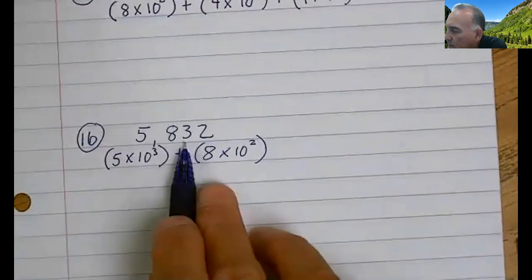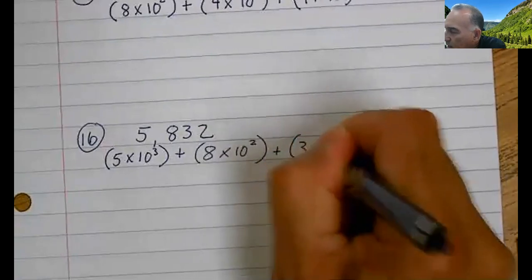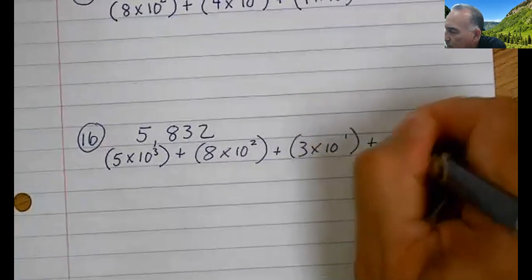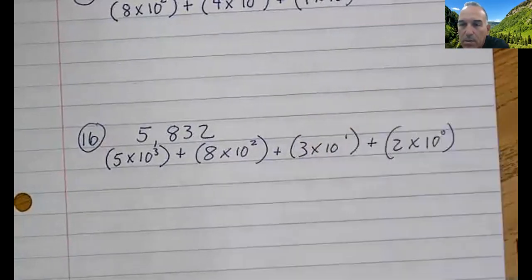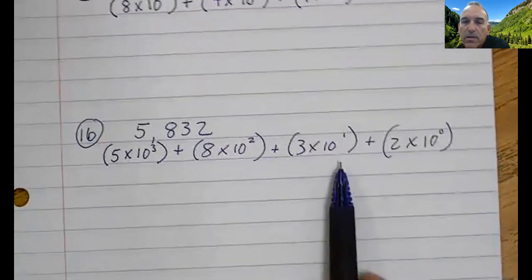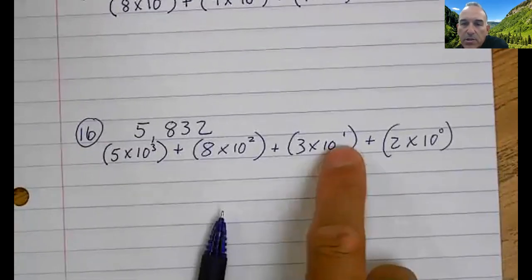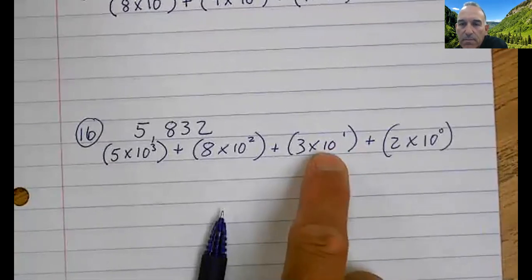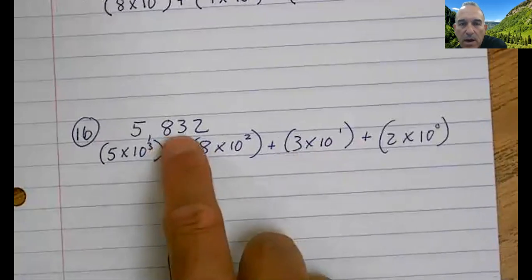This is going to be the first, plus 3 times 10 to the first, plus 2 times 10 to the 0 power. You can spot check any one of these. Let's take this one to spot check. Anything raised to the first power is itself. So again, that equals just 10. Times 3 is 30. You come over here and spot check, you're doing it right.